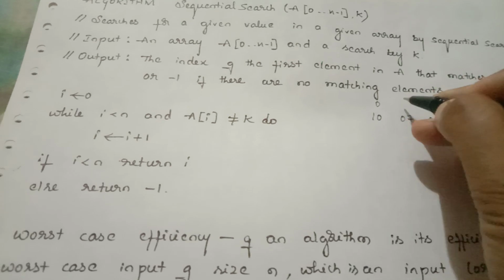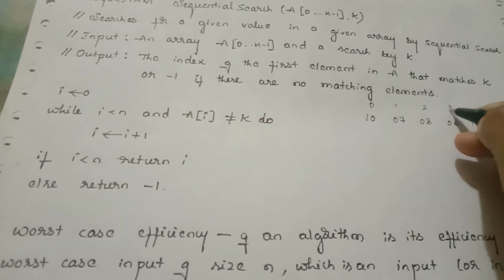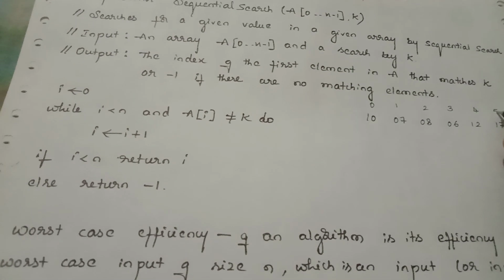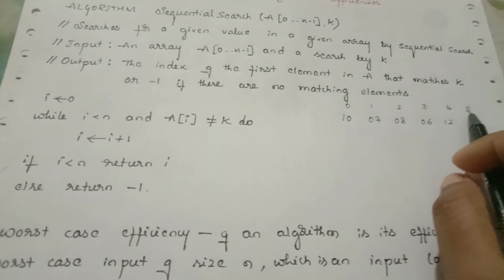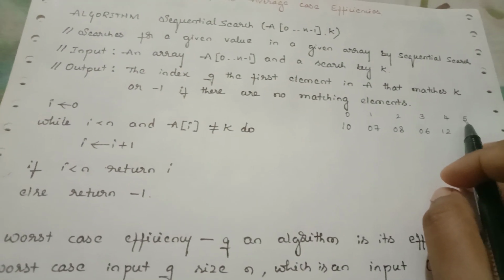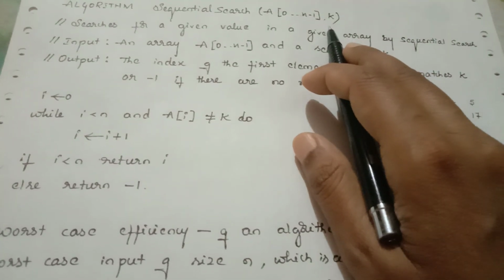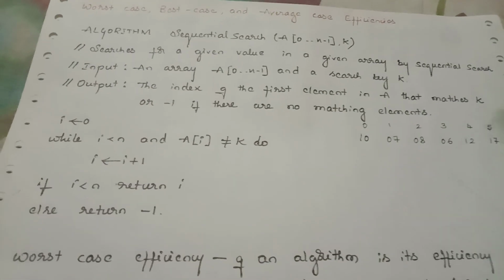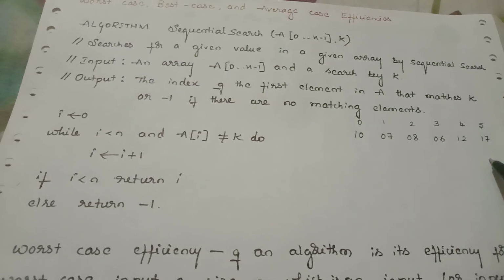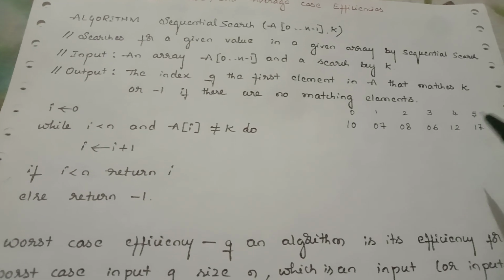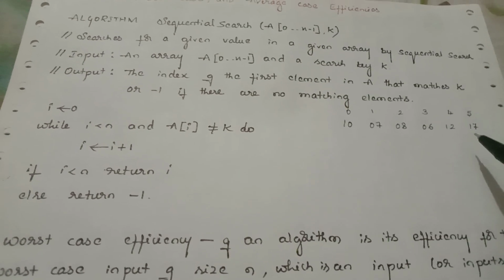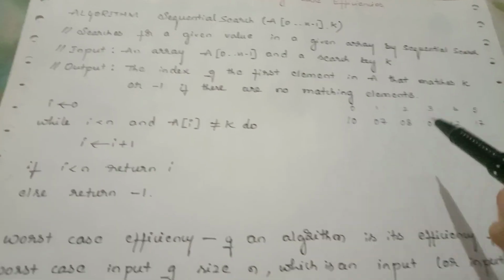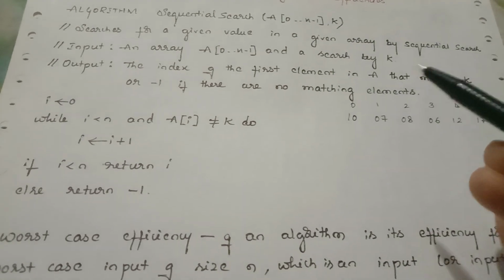So I will write here 0, 1, 2, 3, 4, 5. There are 6 elements, indexed from 0 to 5, that is n minus 1. And we are given a key element which we need to find in this given array, using a method called sequential search. Sequential search means one after another, in a sequence we search.